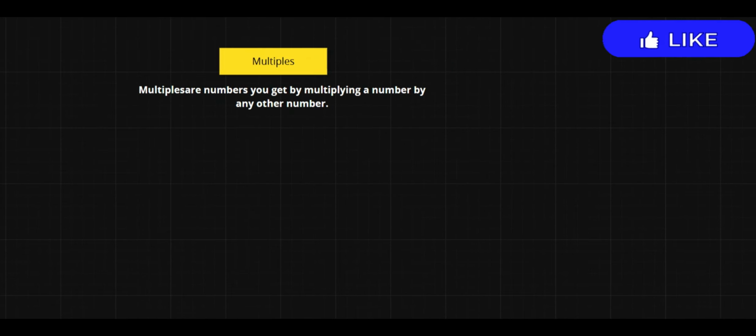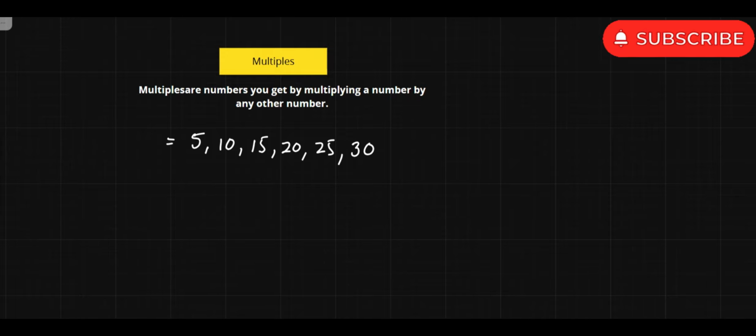The next is multiples. What are multiples? So multiples are the numbers you get by multiplying a number by another number. Suppose I write 5. So 5 times 1 is 5, 5 times 2 is 10, 5 times 3 is 15, 5 times 4 is 20, 5 times 5 is 25, 5 times 6 is 30. So all these are the multiples of 5.